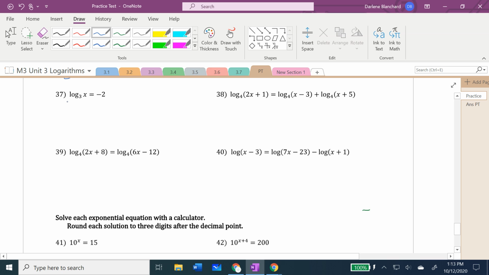All right, so 37 is ready to go. 3 to the power both sides, and 3 to the power of -2 is 1 over 3 to the positive 2, 1/9. And it does make positive in the logarithm. 38, we've got to condense.